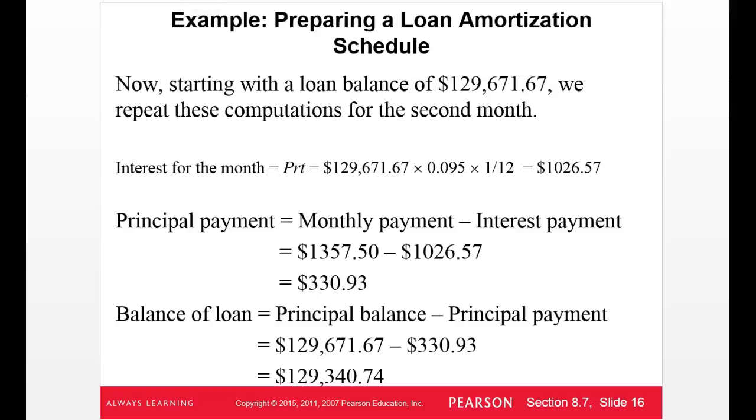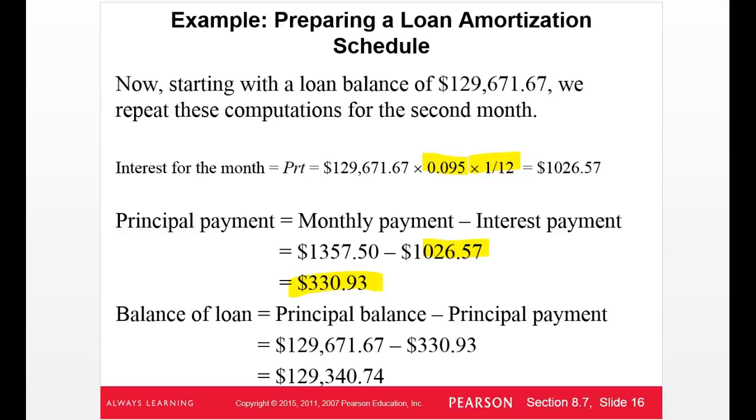Each time we multiply it by the 0.095 over 12, and we get that interest amount that we have to pay. You do see this amount gradually goes down, which makes this amount gradually go up because it's the same payment over and over.